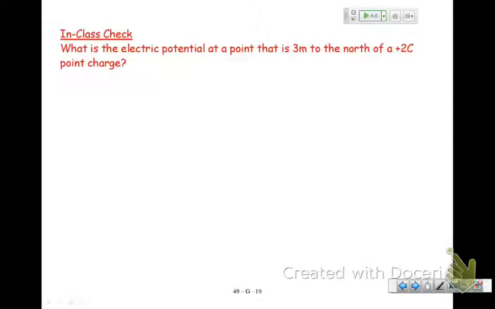What is the electric potential at 3 meters to the north of a 2 coulomb positive charge? So we say, there's my charge, Q, and here's my point, P, and this is 3 meters. And I say my potential is equal to, well, this is what I say. Delta V is equal to KEQ times 1 over RB minus 1 over RA. So V is equal to KEQ times 1 over RB.